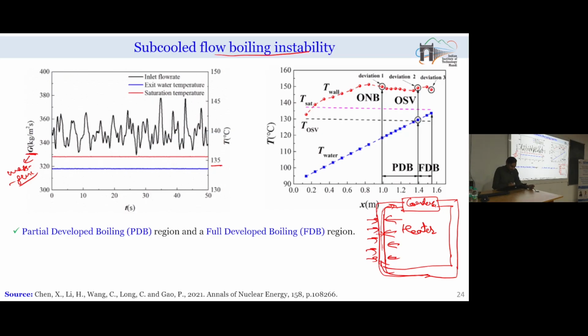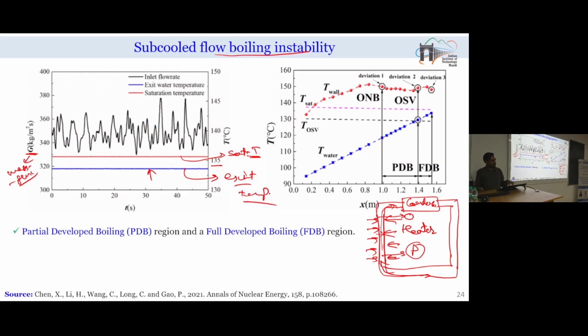The red colored line here represents the saturation temperature corresponding to the local pressure of this heater section. Whatever the pressure of the heater section, the temperature at that point is the saturation temperature, and the blue colored line represents the exit temperature of the working fluid.